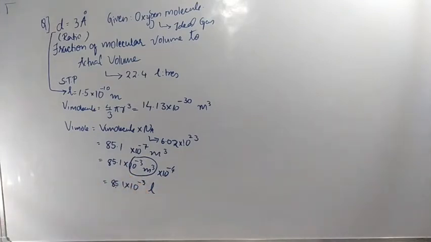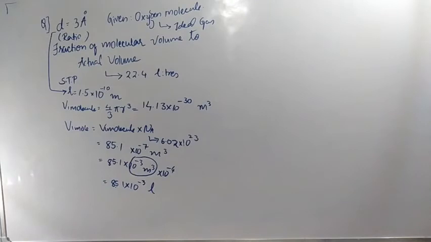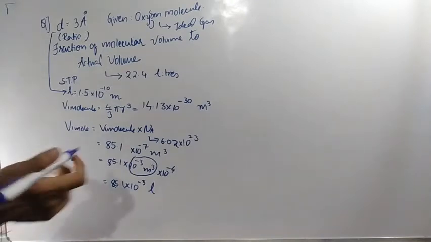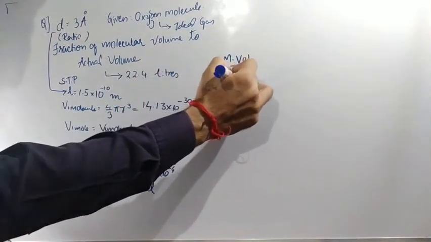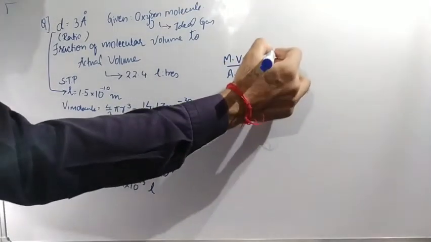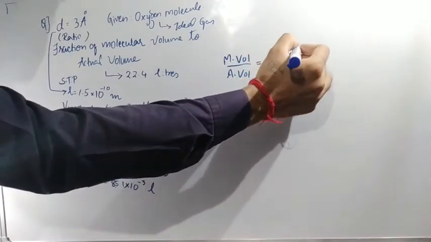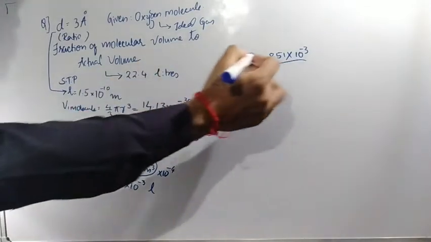Now simply you have to calculate the ratio, the fraction of molecular volume to actual volume. Molecular volume is this one. Actual volume is this one. So can you just calculate this one? Molecular volume will be 8.51 into 10 to the power of minus 3, which we got here, divided by 22.4.